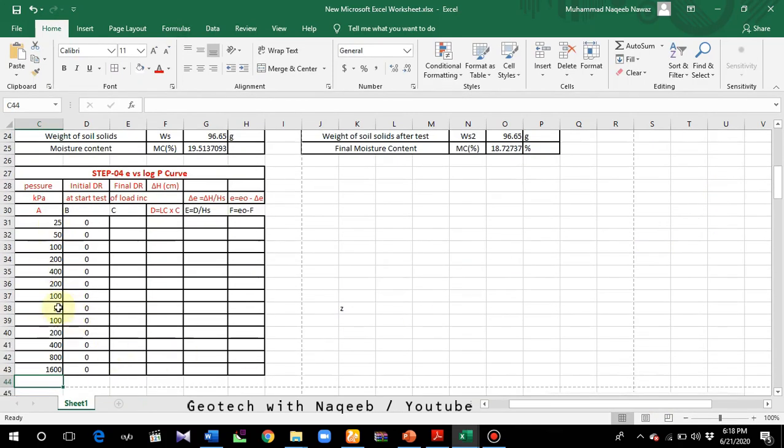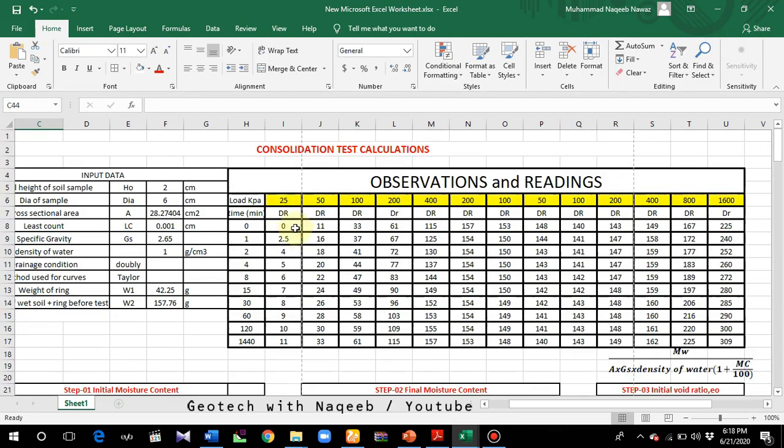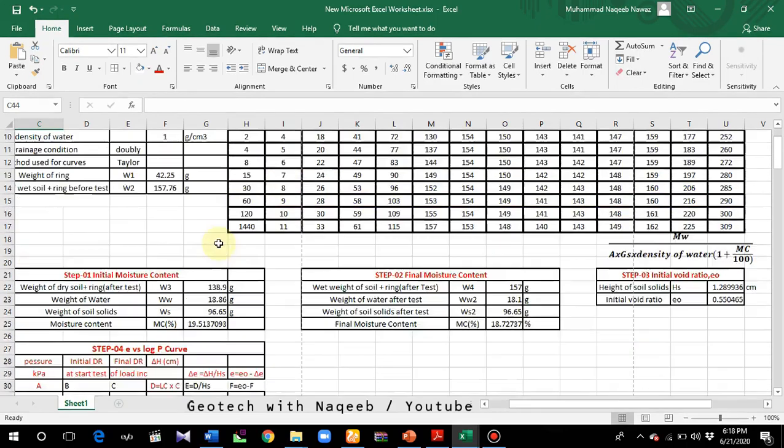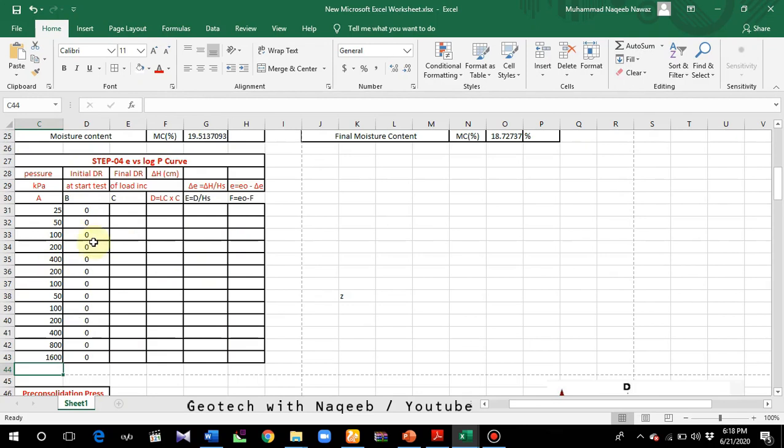So what is the benefit of selecting in this way? If you change any value over here, it will automatically be changed over here. So the next thing is the initial dial reading at the start of the test. We are taking it as 0. You can adopt the second approach, which will be discussed later. So it is 0 at the start, and then the final dial reading of the loading, 25 kPa.